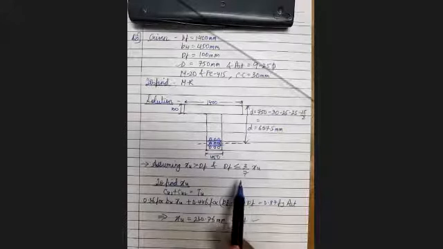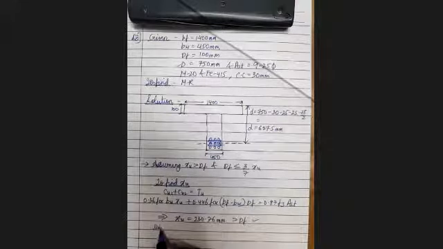Now DF should be less than 3 by 7 XU. So now just check. Just find out 3 by 7 XU. How much is it coming? Give me this value, 3 by 7 XU. 98.89. So 3 by 7 XU we got. Now this value should be greater than DF, but this is less than DF.